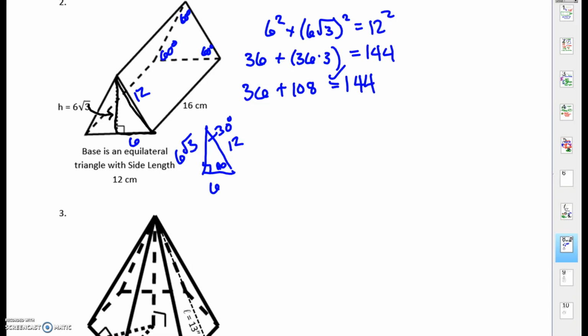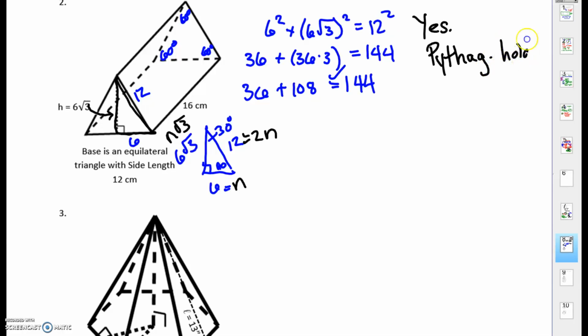Well, I'm really happy about that because that actually does fit my n, 2n, n square root 3 pattern of special right triangles. So yes, this is feasible, and it's feasible because Pythagorean theorem holds and special right triangle laws hold.